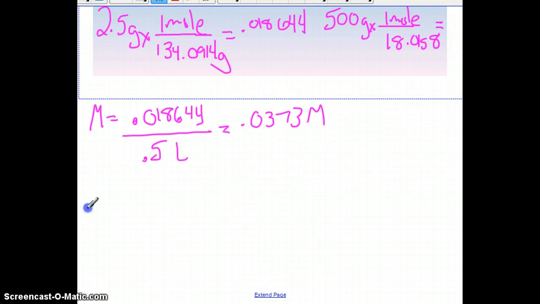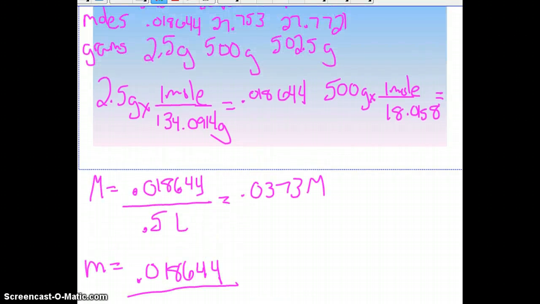Now let's look at molality. Molality is going to be our little m, and that's going to be moles of solute, so it's going to be our same number here. There's our moles, and we want that over kilograms of solvent now.